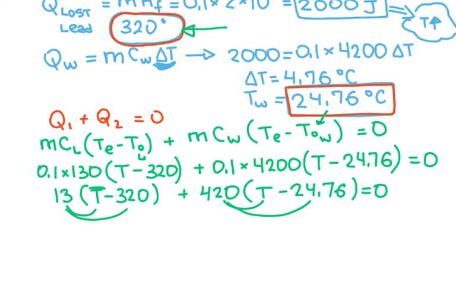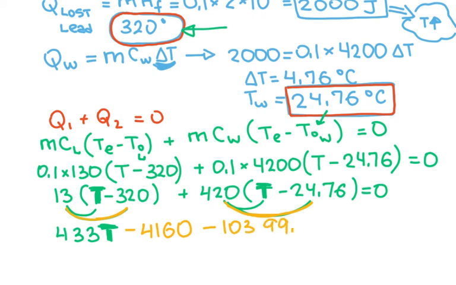Wherever I have T right here, 13T plus 420T gives me 433T. And then 13 times 320 and 420 times 24.76 give me 4160 and minus 10,399.2, and all of that is equal to 0.